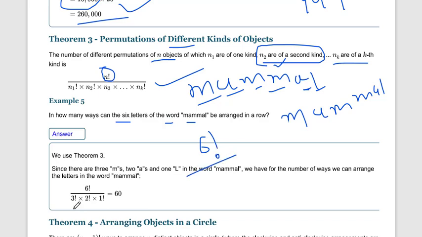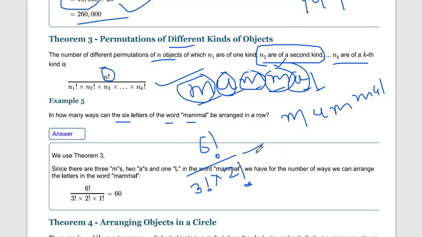Divided by the number of repeated letters: here there are 3 M's, so we divide by 3 factorial. Here we also have 2 A's, so we also divide by 2 factorial. So you get the idea, and we can get the right answer for this arrangement.